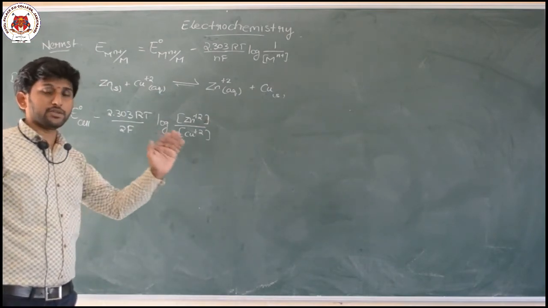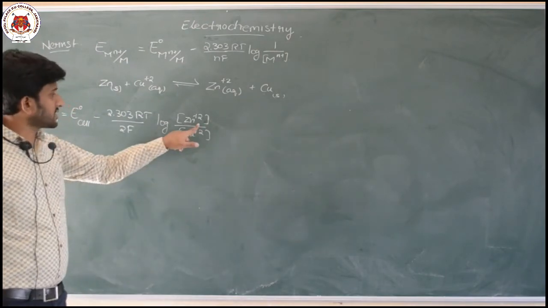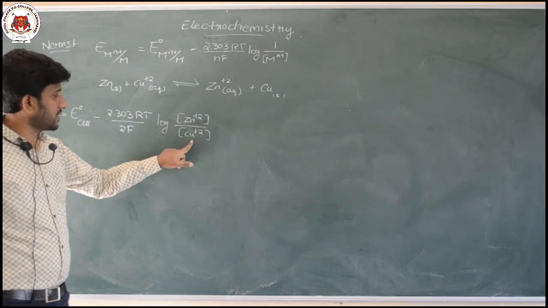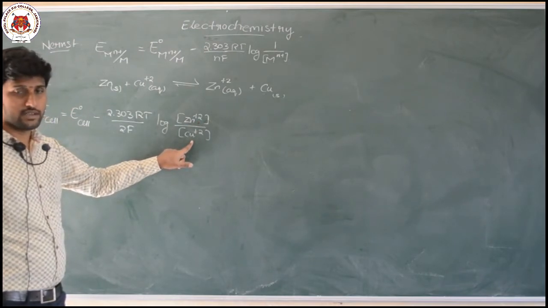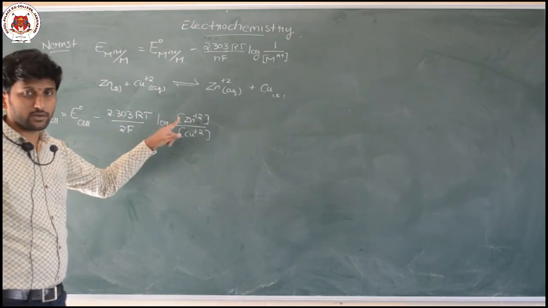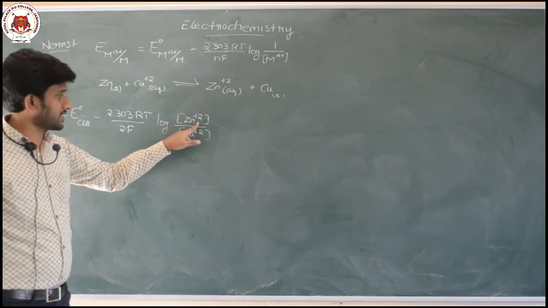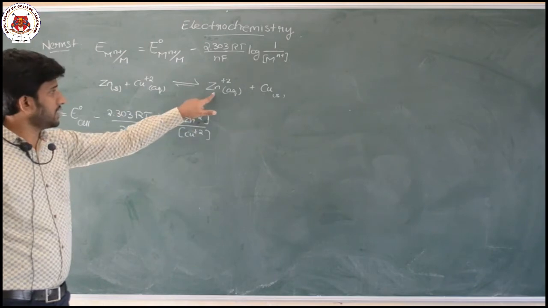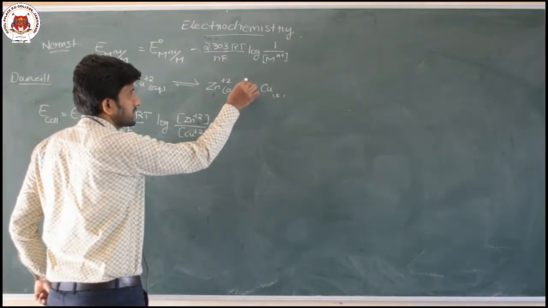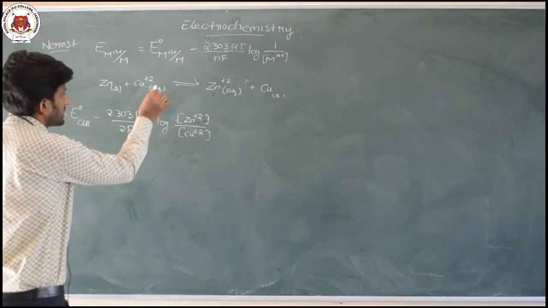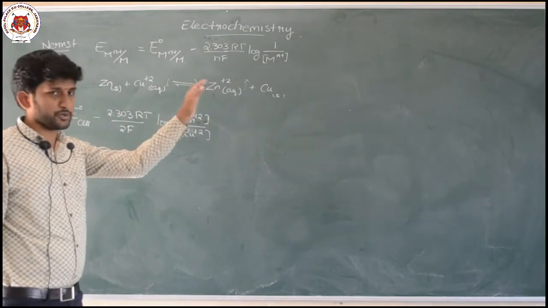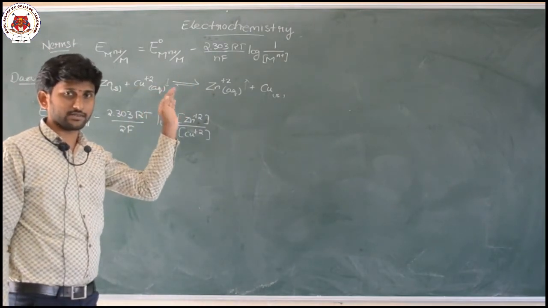As the reaction proceeds further, the concentration of zinc ions increases and the concentration of copper ions decreases. Zinc undergoes oxidation, so the concentration of Zn2+ increases as time passes, and the concentration of Cu2+ decreases.